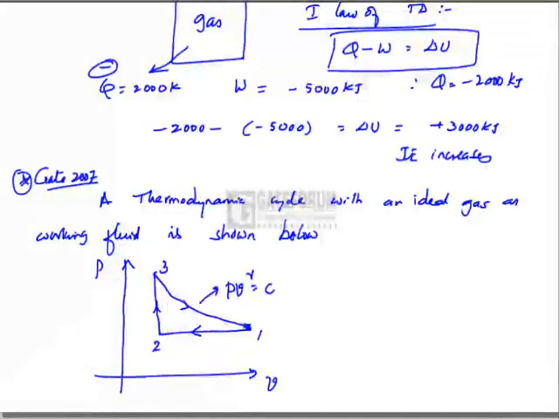The pressure at 3 is given as 400 kilopascals. The pressure at 2 is given as 100 kilopascals. The volume at 2 is given as 1 meter cube. The volume at 1 is unknown, given as V1.